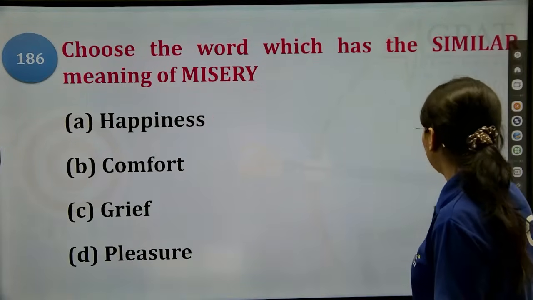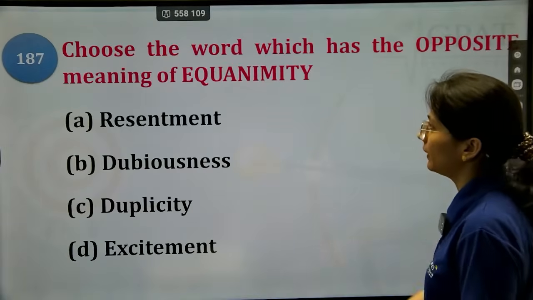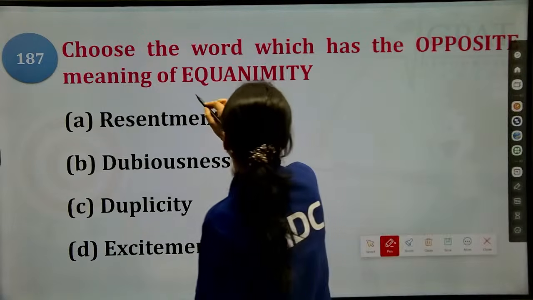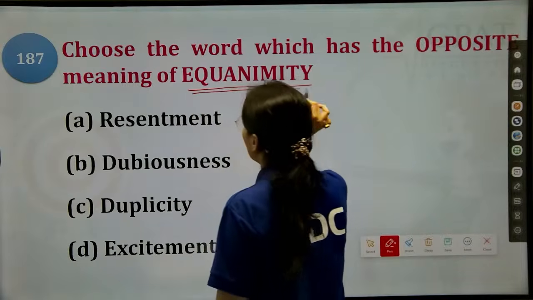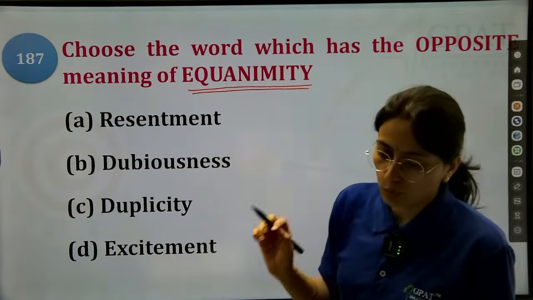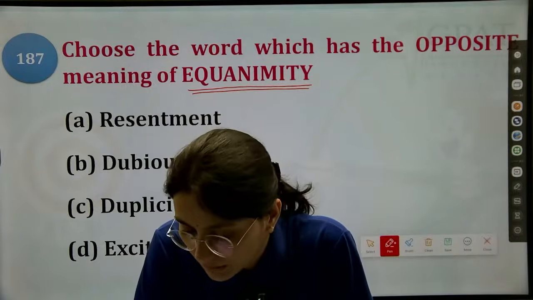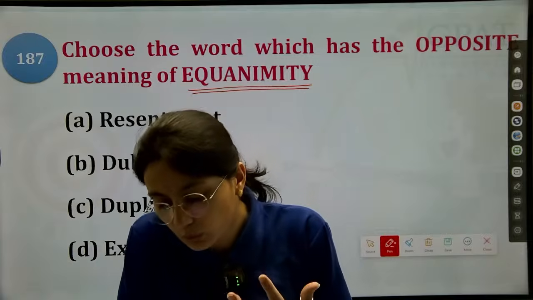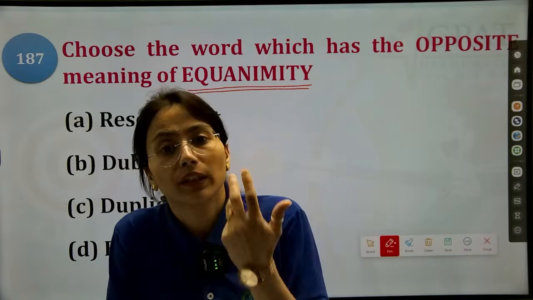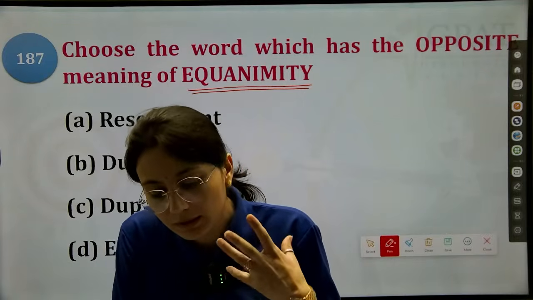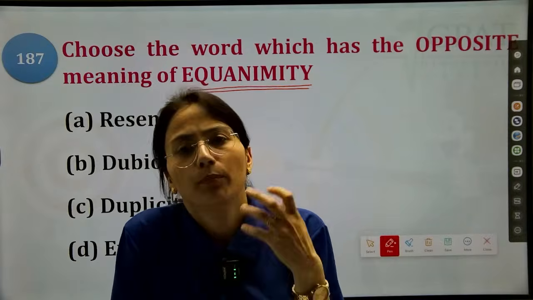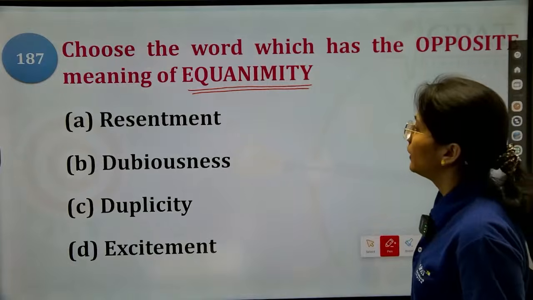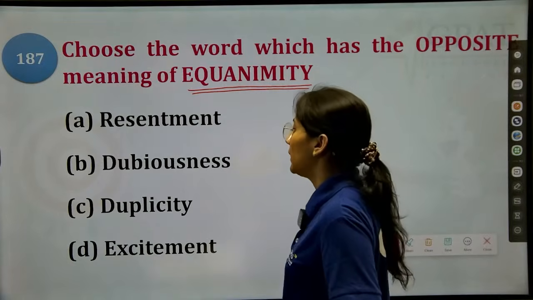Now the next question, question number 187. Choose the word which has the opposite meaning of equanimity. Equanimity is the ability to remain calm or control your emotions. The options are resentment, dubiousness, duplicity, excitement.